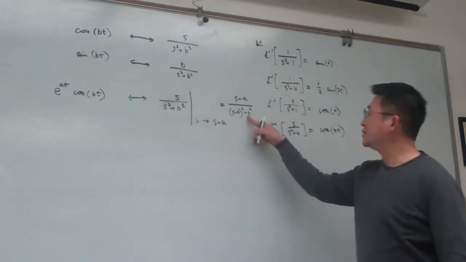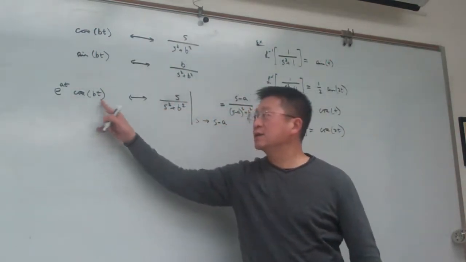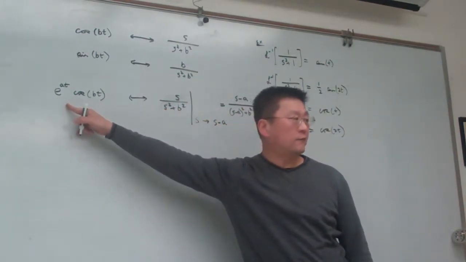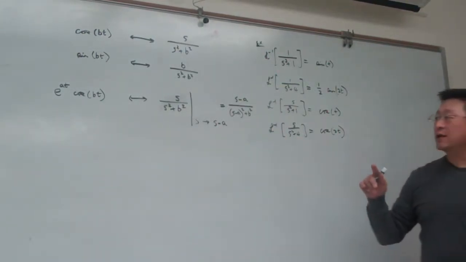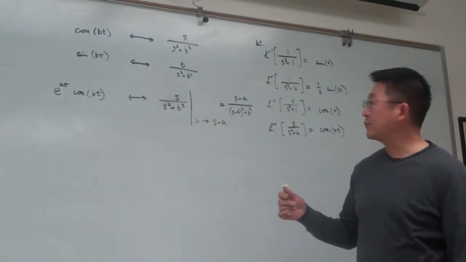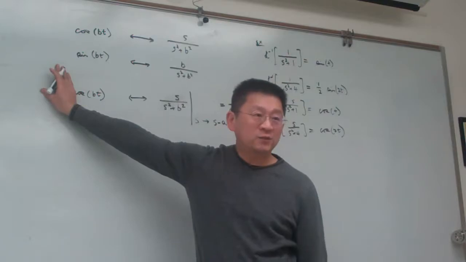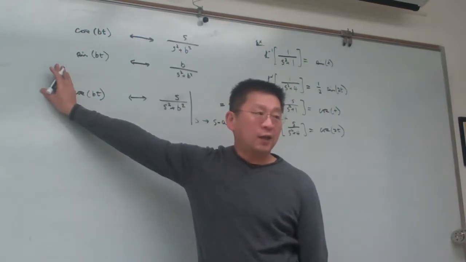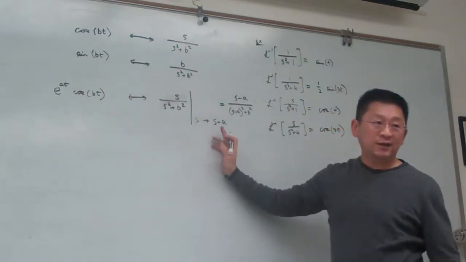This is the corresponding Laplace transform of this composite time function. This can be easily done by first looking at the pattern without the exponent term, and then you do the replacement like this, and that's it.